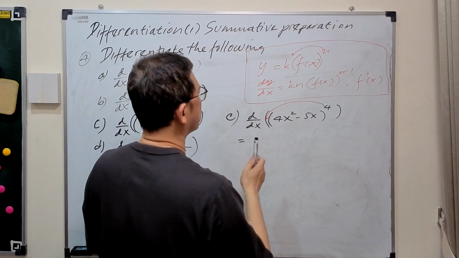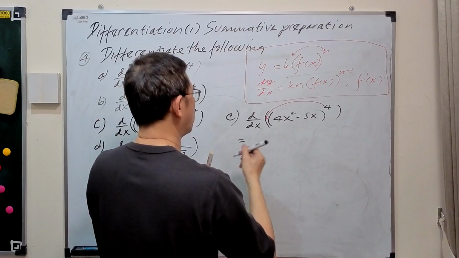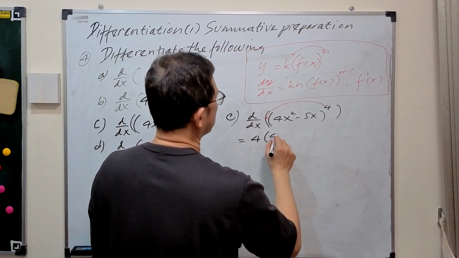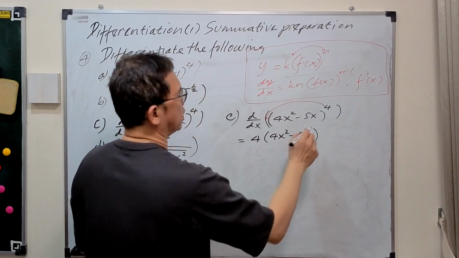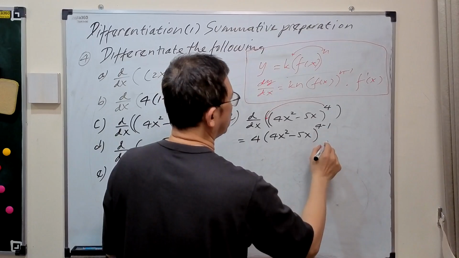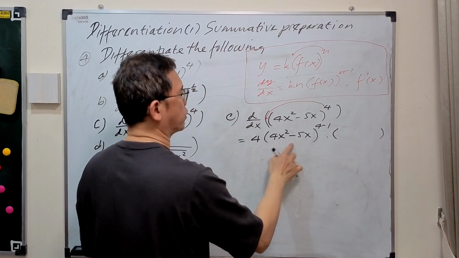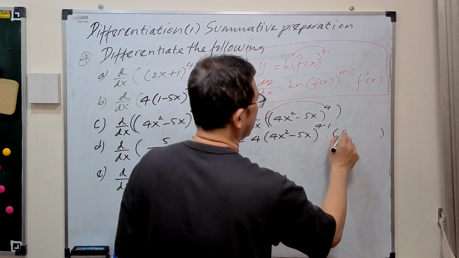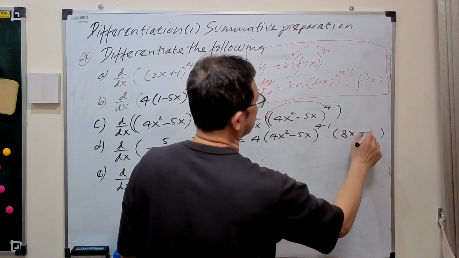We treat as if there is a 1, 4 times 1, so we have 4. What's inside the bracket remains the same, nothing changed. Then you subtract the power by 1 and multiply with the derivative of what's inside the bracket. The derivative of 4x squared is 8x, the derivative of 5x is 5.